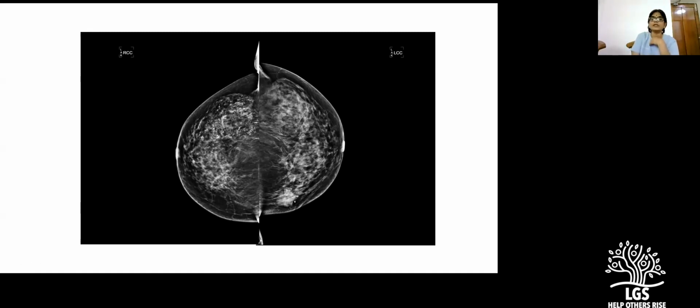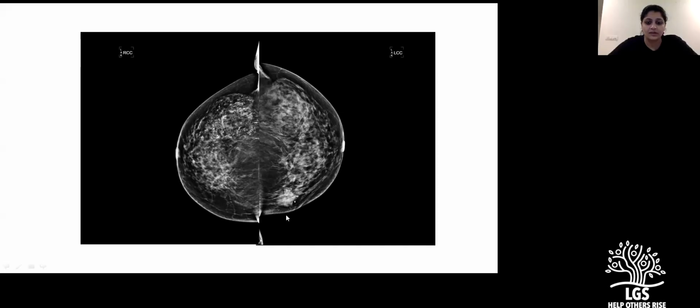And that helps you to correlate the finding with the palpable mass. So what the lady feels and you feel corresponds to what you see on the mammogram. So this white dot that you see here is a BB and not a calcification.